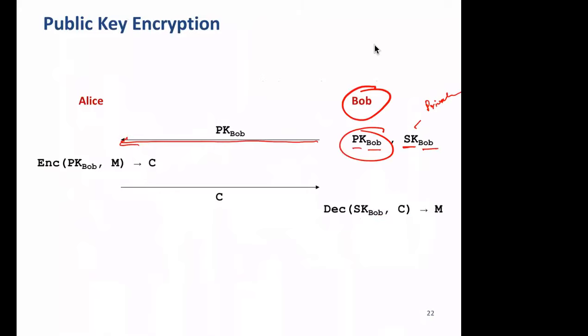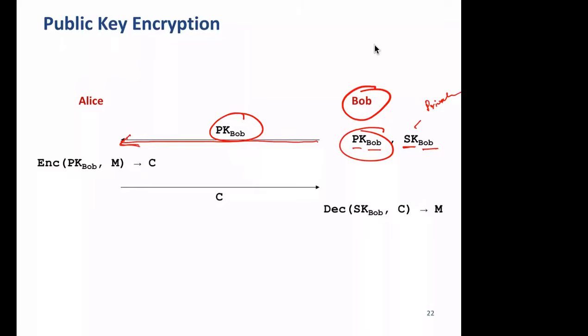Alternatively, he can publish it somewhere, or he can register it with a third party, and from there everybody can come to know Bob's public key. Nevertheless, here Bob sends the public key to Alice, and right now I'm assuming that the public key has reached Alice properly.